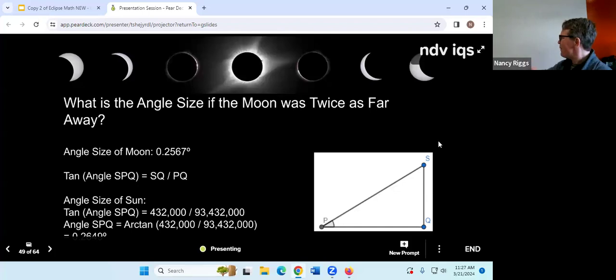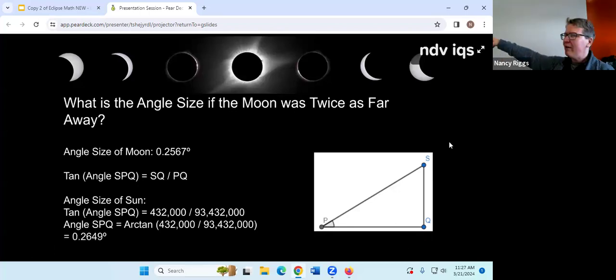All right, so let's remember that number. So let's find that angle value of the sun. Again, I've got the radius of the sun, then I've got the distance of the sun, and once again I am taking the arctangent of that ratio. And as you can see, this time I got 0.2649 degrees.